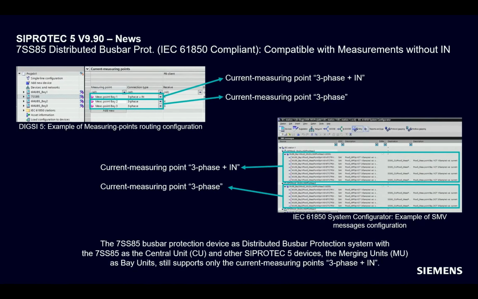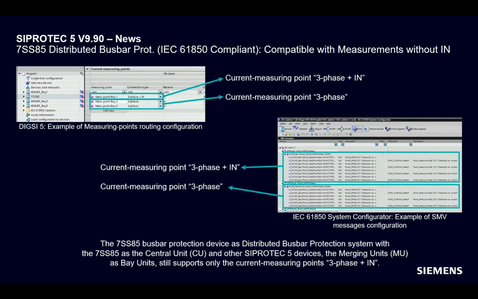That means a distributed protection system where SMVs are transmitted from the merging unit to the 7SS85 that works as a process bus client according to IEC 61850-9-2 process bus, and the binary signals are exchanged according to IEC 61850 GOOSE.